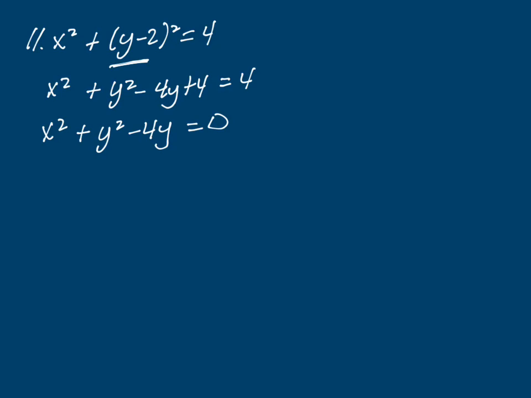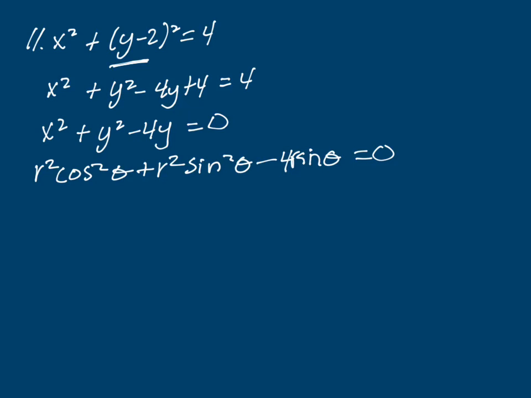Let's put in polar form. This is r squared cosine squared theta plus r squared sine squared theta minus 4r sine theta equals 0.